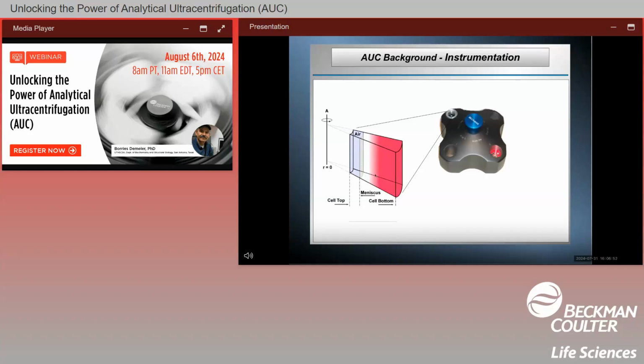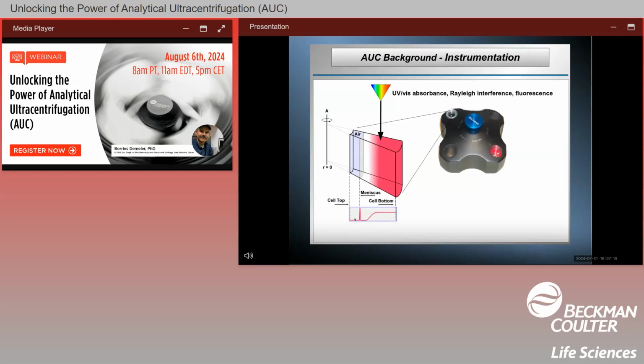And the molecules inside of that solution column will then sediment outward from the rotor axis and pellet or pile up here at the bottom of the cell. We then shine light through there, typically by UV visible absorbance or Rayleigh interference, or a laser beam that then excites a fluorophore.